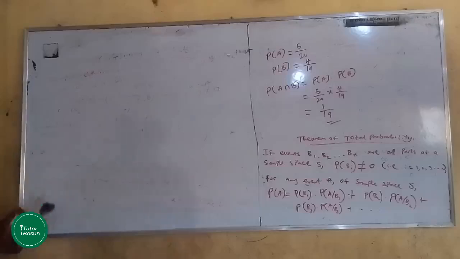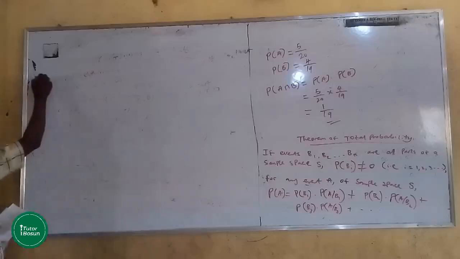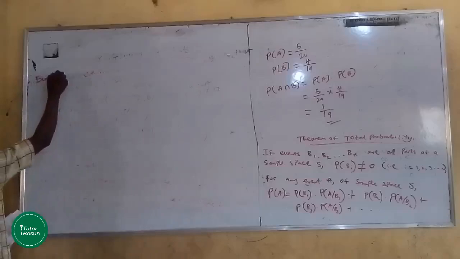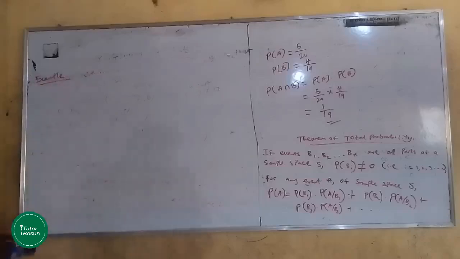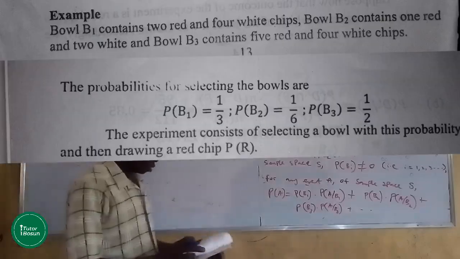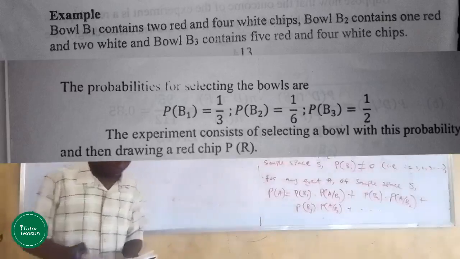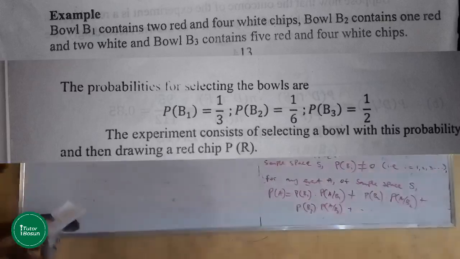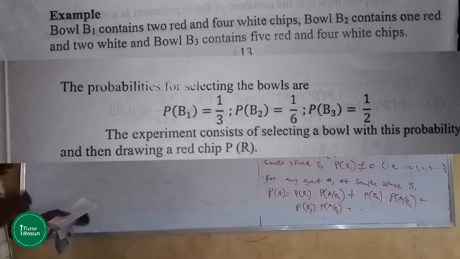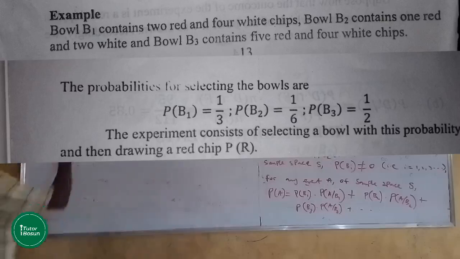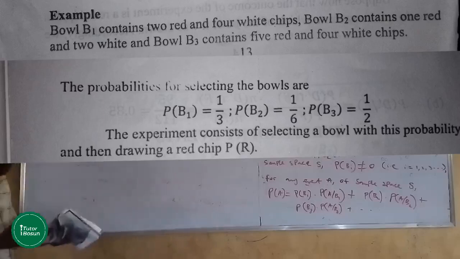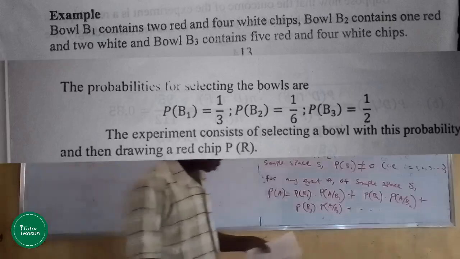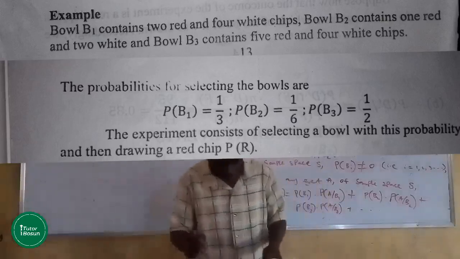The example says bowl B1 contains 2 red and 4 white chips.